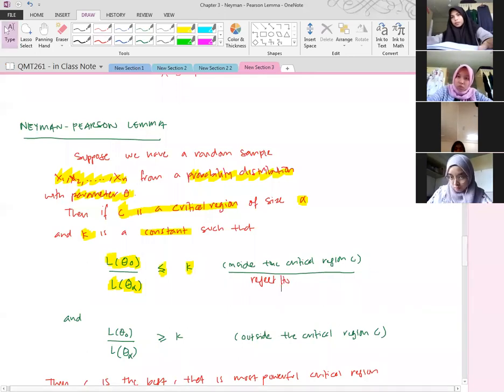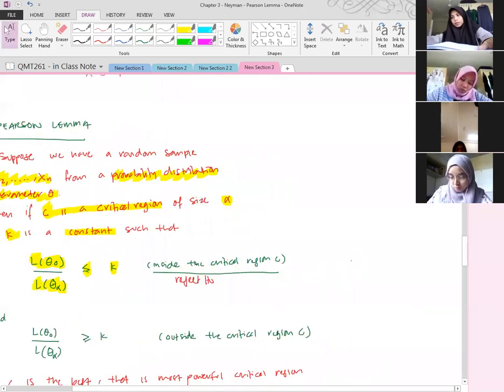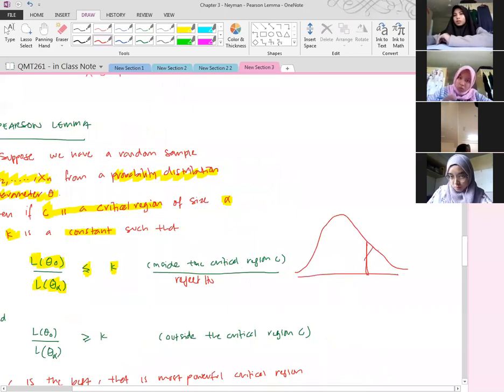In this function, it will look like this. If you draw a normal distribution curve, let's say on the right hand side, this is going to be your critical region, which is your C, and K will be inside the critical region.